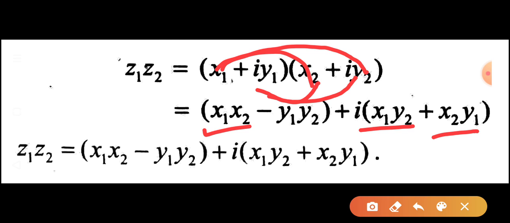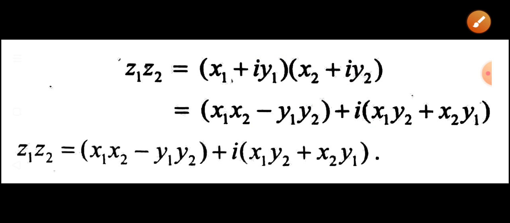So y1 y2 is the real part. So we group the real parts: x1 x2 minus y1 y2 plus i into the imaginary part, which is x1 y2 plus x2 y1. So the product of the two complex numbers is finished.